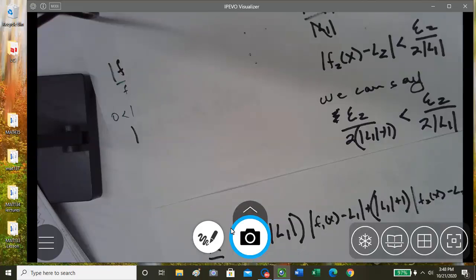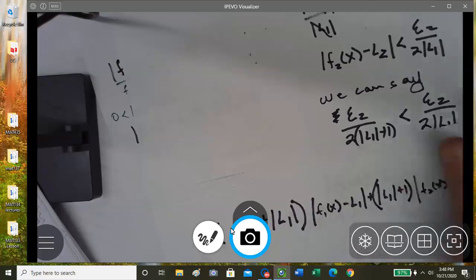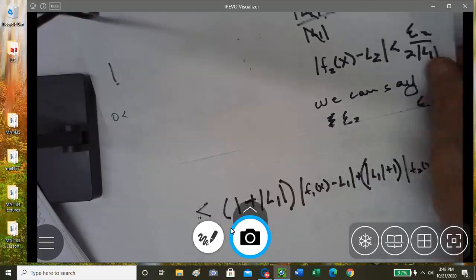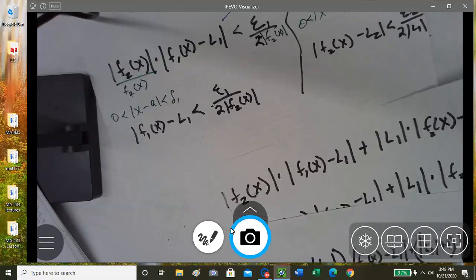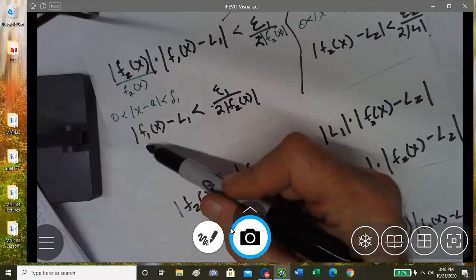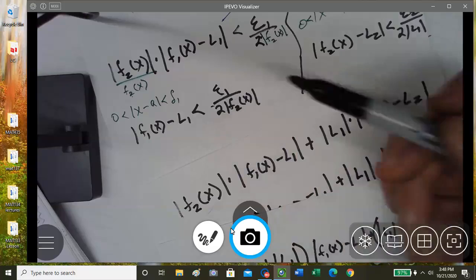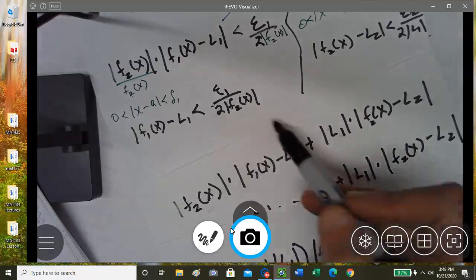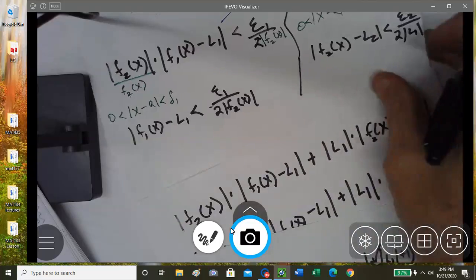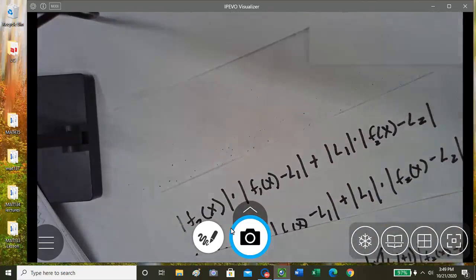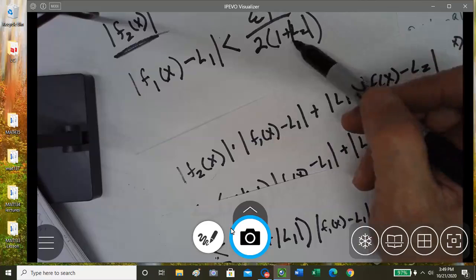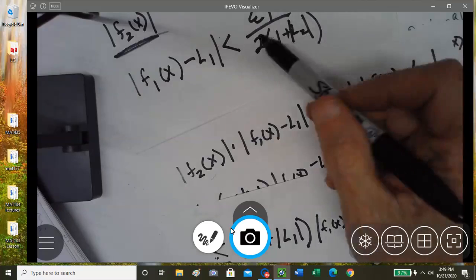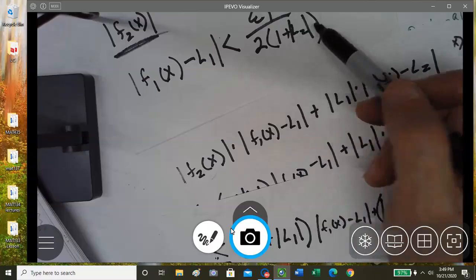Okay, and so because f1 is, where are we? Here it is. Absolute value of f1 x minus L1 is less than epsilon, we can replace epsilon with epsilon 1 over 2 times 1 plus absolute value of L2.